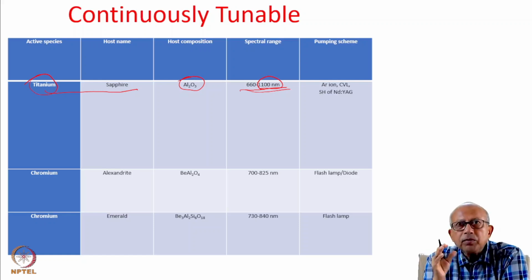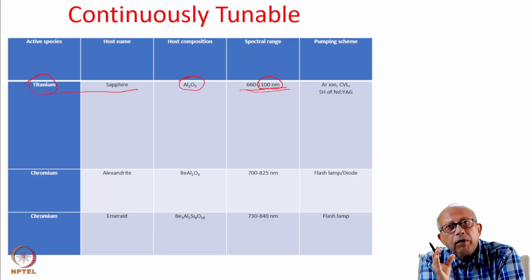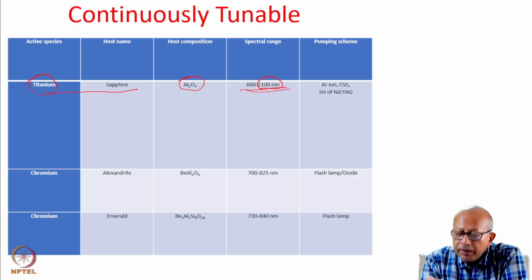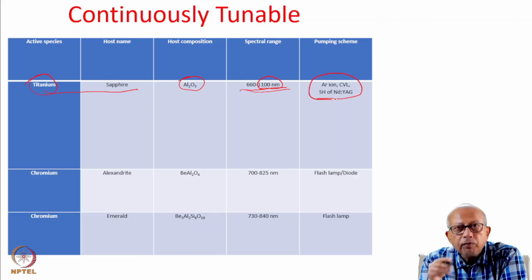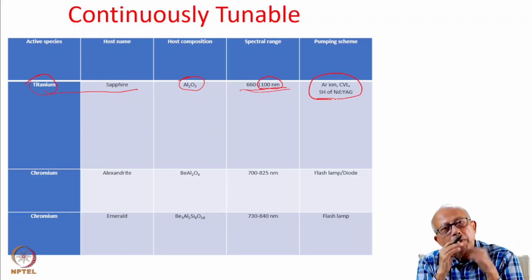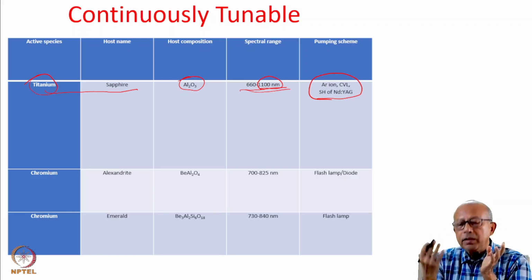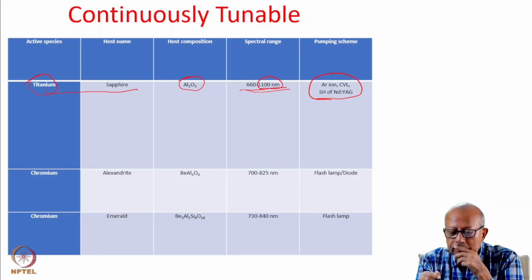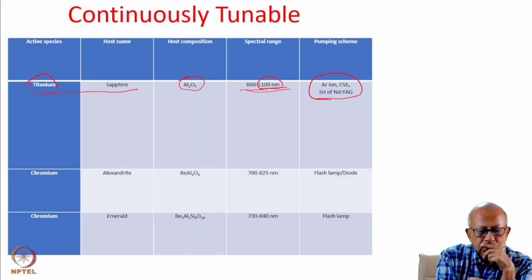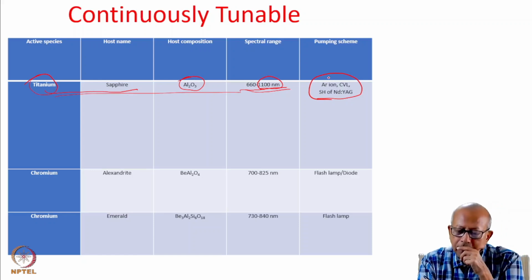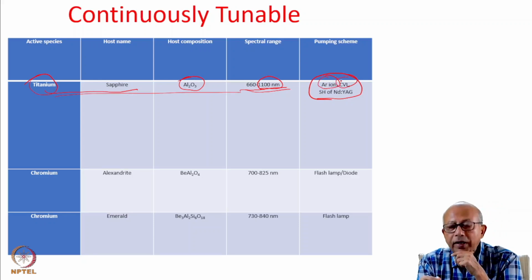This can be pumped not by a flash lamp, but by another laser. You already know optical pumping is possible by flash lamp as well as by coherent light emitted by a second laser. The lasers which can be used to pump this laser are, say, argon ion laser, copper vapor laser, and the second harmonic of Nd:YAG laser.